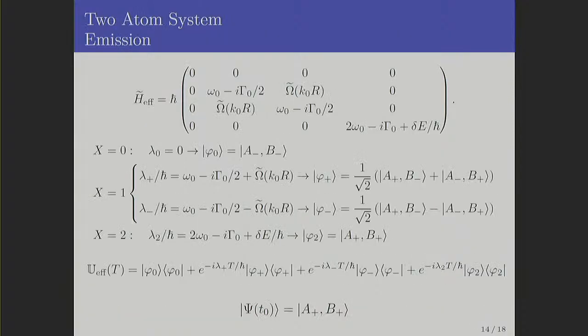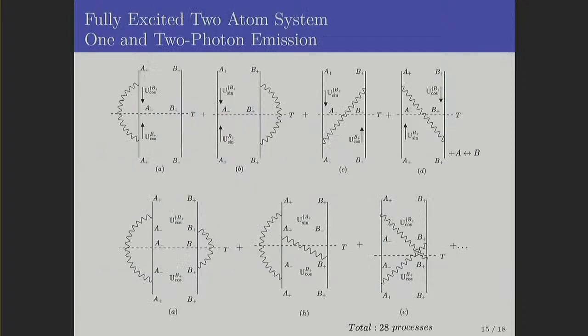Okay, for finishing the talk, we can describe in more detail the process of emission of a two atom system. Using the effective Hamiltonian that has this shape, making the calculations of the eigenvalues and eigenvectors, we can express the effective time evolution operator, and we can study the spontaneous emission process of an initial state in which both atoms are excited.